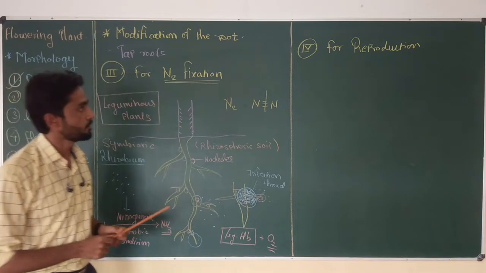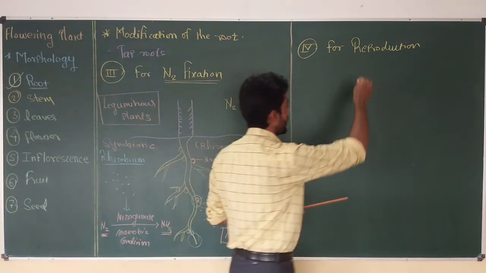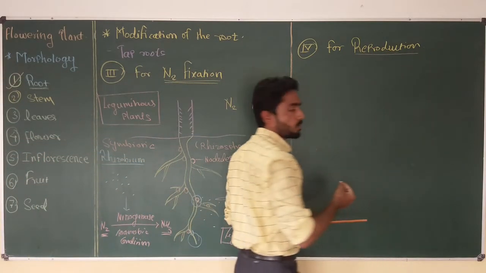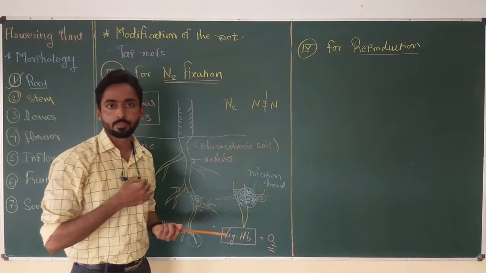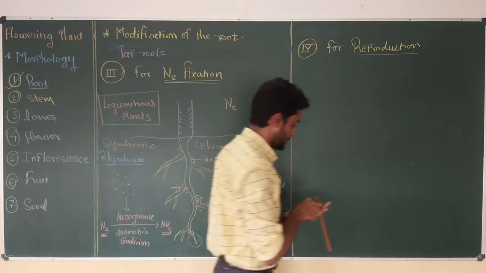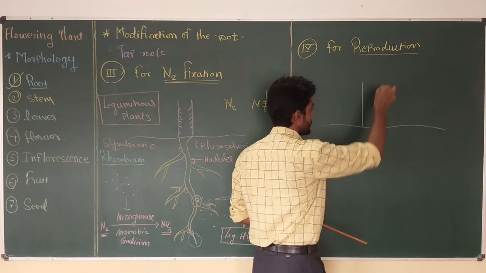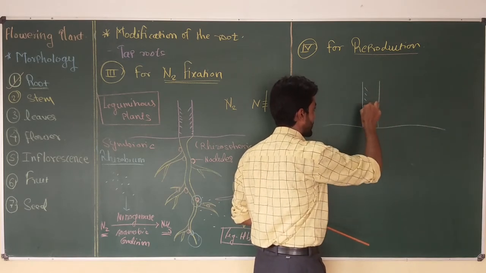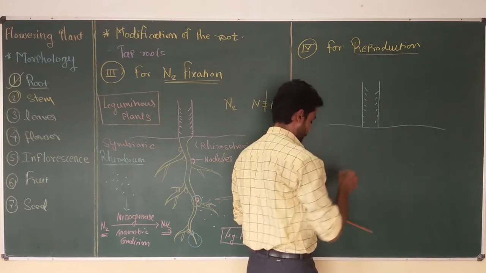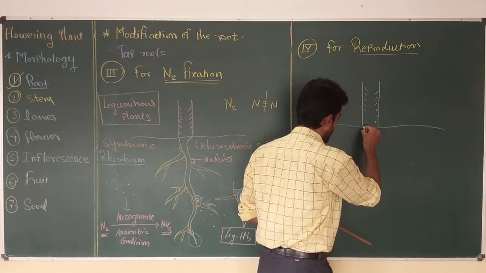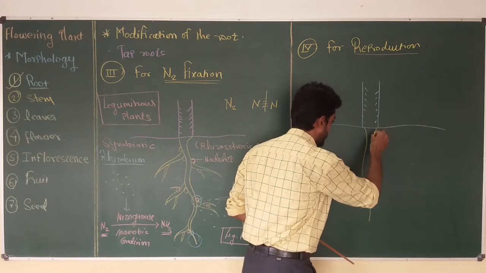The last type of modification in the taproot is for reproduction. How can the root system help in reproduction? Suppose this is the soil surface, the plant stem, and the stem has a taproot system.